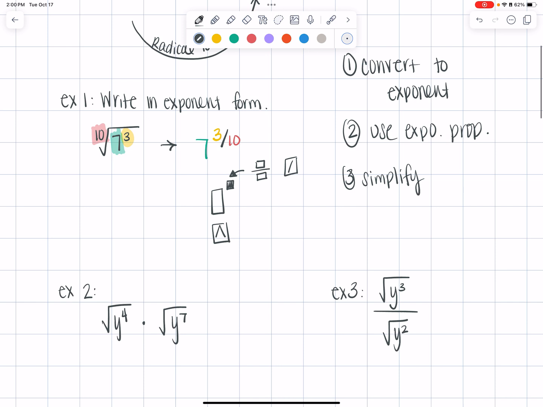All right, number 2, the square root of y to the 4th times the square root of y to the 7th. Now, I don't have the directions written out, but the directions just tell you to first convert it to exponents and then use the properties and leave your answers in exponential form.